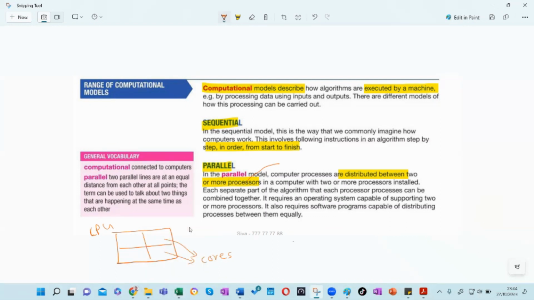So we have cores, right? Because of cores, when one core is handling one instruction, another core will handle another instruction. So we have true parallel processing with a multi-core system. Otherwise, when we had a single core processor, this core had to switch between the tasks quickly.